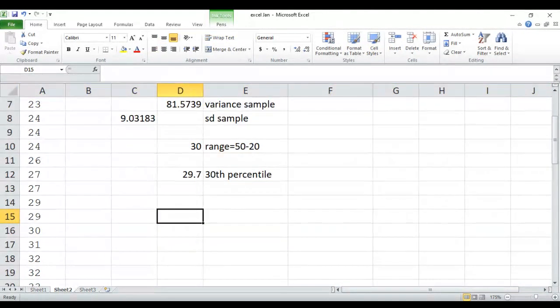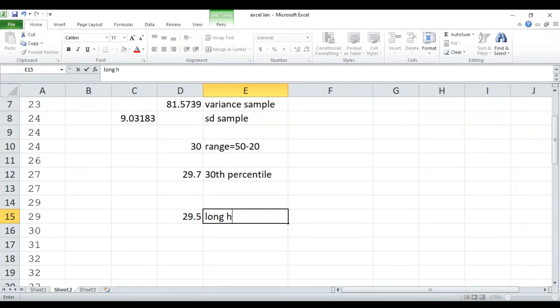So we want to average 29 and 30, and that would be 29.5. So longhand, doing the work, we get 29.5, and using Excel, we get 29.7.